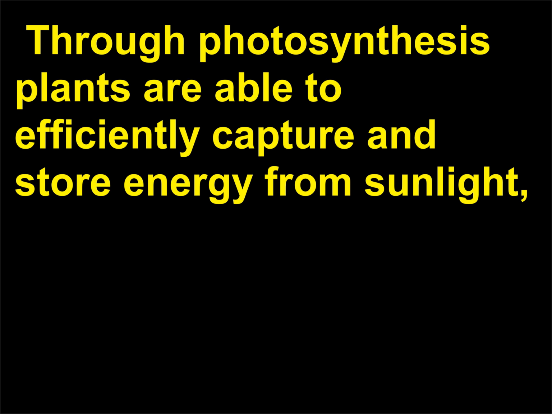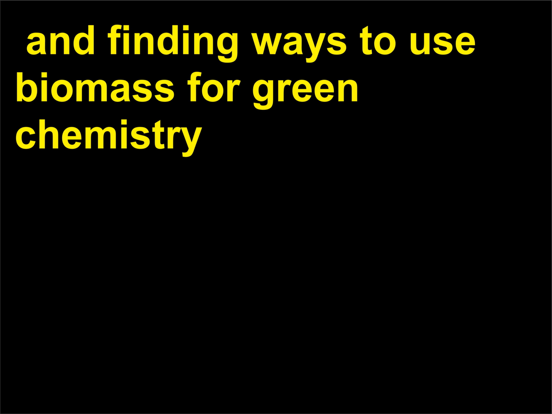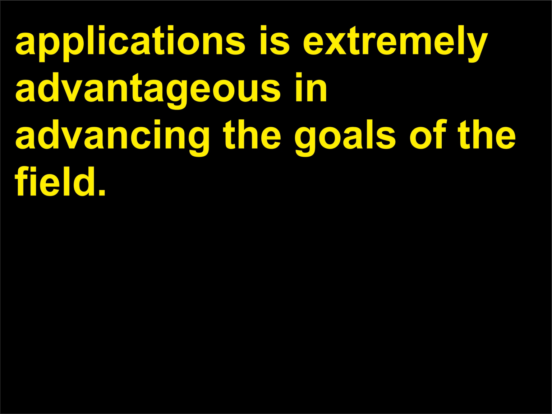Through photosynthesis, plants are able to efficiently capture and store energy from sunlight. And finding ways to use biomass for green chemistry applications is extremely advantageous in advancing the goals of the field.